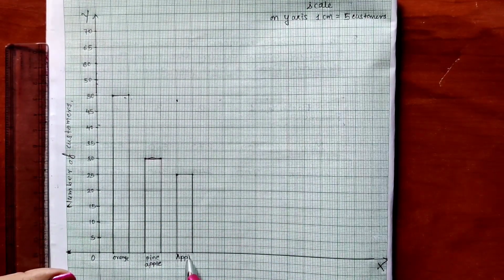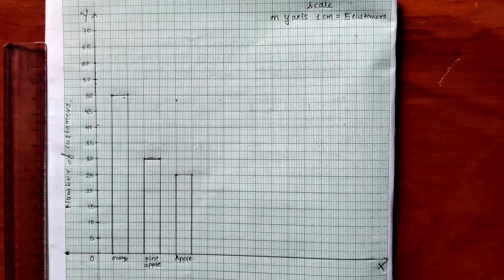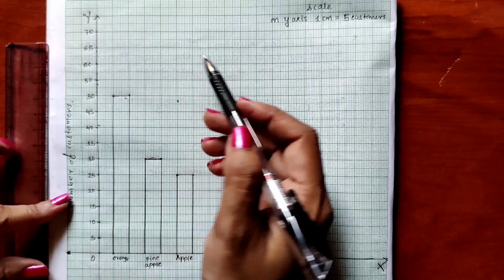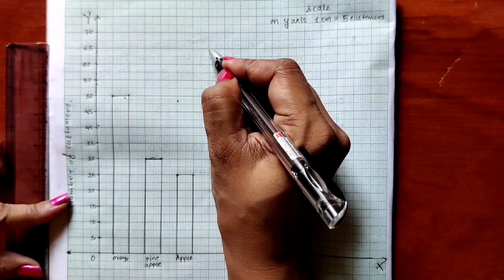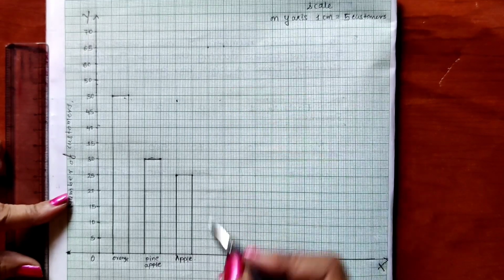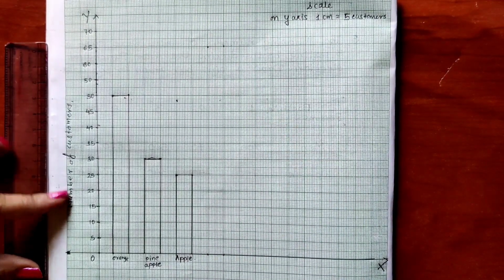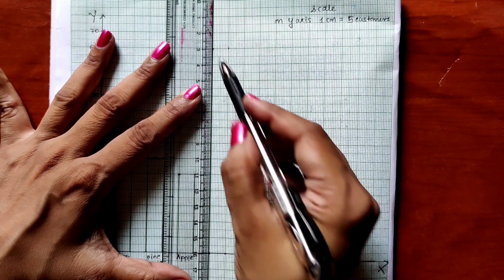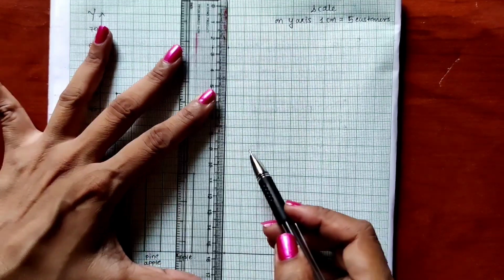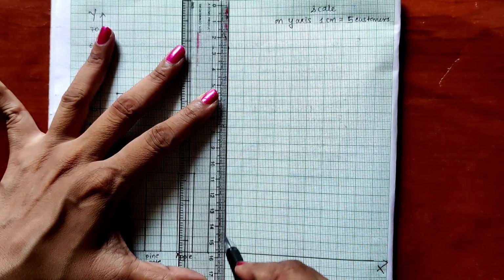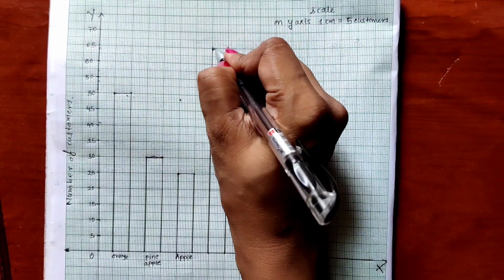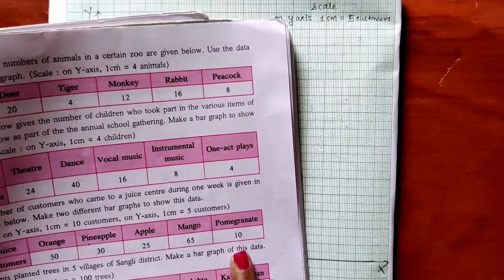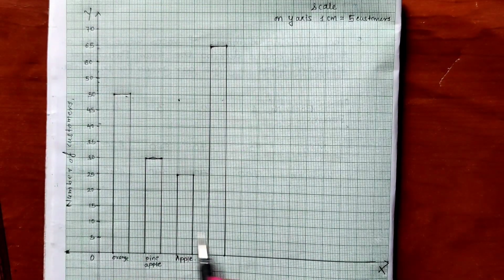Now next is mango. For mango 65 customers are there, so till 65 I have to draw my next column. See how I mark the points, and now I will be drawing. And this is 65. Now the last column is for pomegranate, 10, till 10 only.